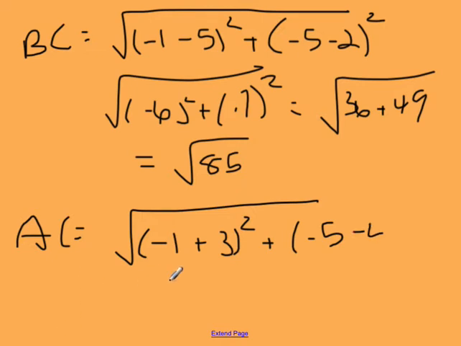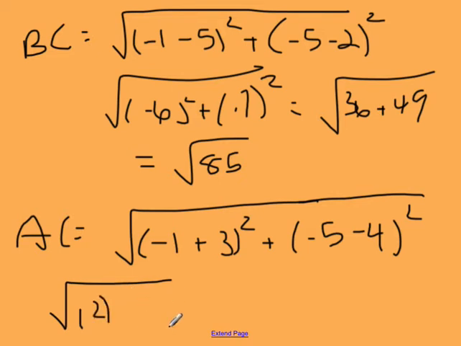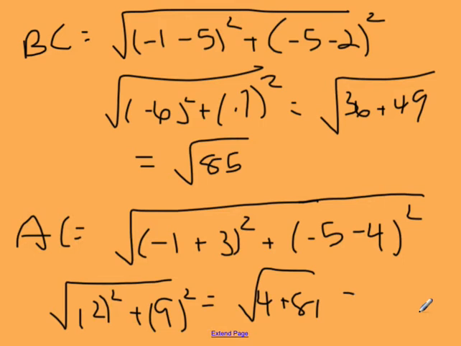So then what we end up getting is the square root of 2 squared plus 9 squared. So that's equal to the square root of 4 plus 81, which is equal to the square root of 85. So since both of those end up being the square root of 85, then yes, we do have an isosceles triangle because we have two sides that are the same length.